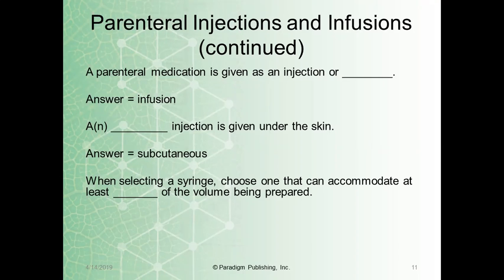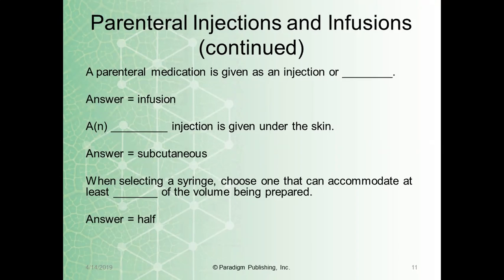So when selecting a syringe, choose one that can accommodate at least twice the volume being prepared. So that would be half. In this case, if you're given a medication that's going to be 2.8 milliliters and you have a 3 mL, 5 mL, or a 10 mL syringe, which one would you choose?